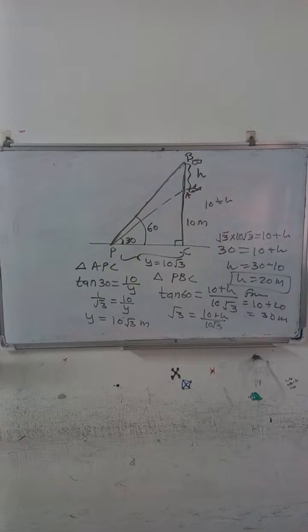Write down the next question. From a point 375 meter away from the foot of the tower, the top of the tower is observed at an angle of elevation of 45 degrees, then find the height of the tower.